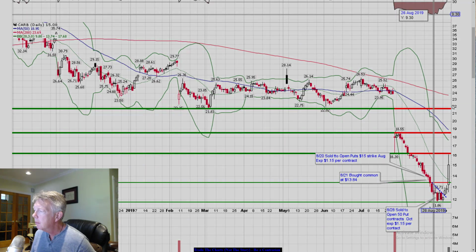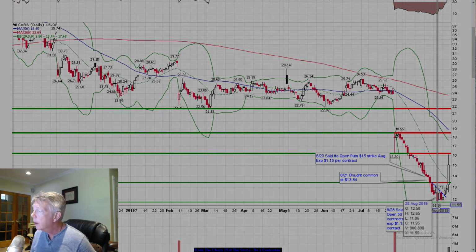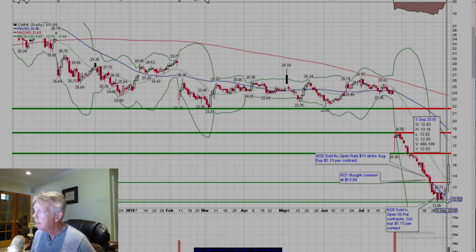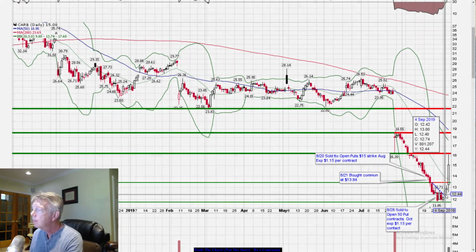We brought in that premium, and the support level held. We began to consolidate. We broke out above the upper band of resistance on the 4th of September.